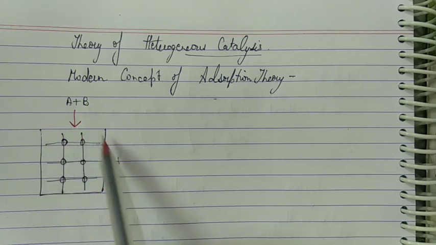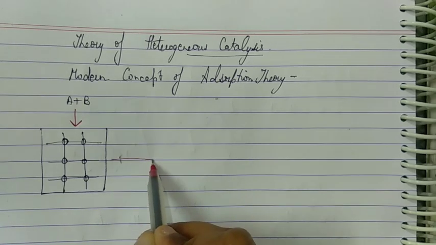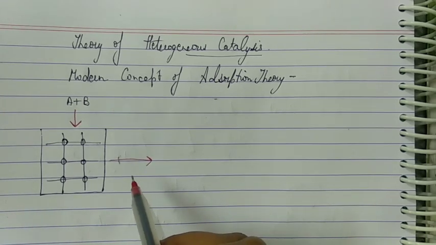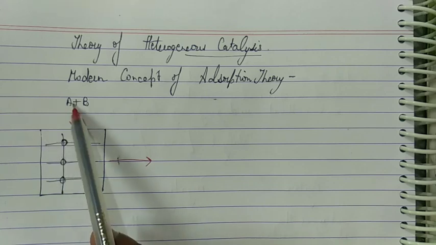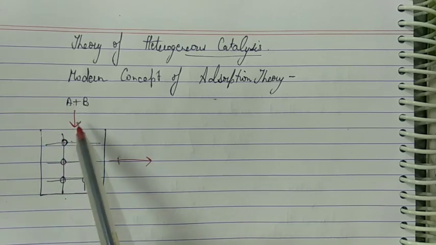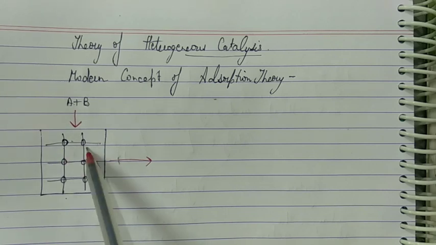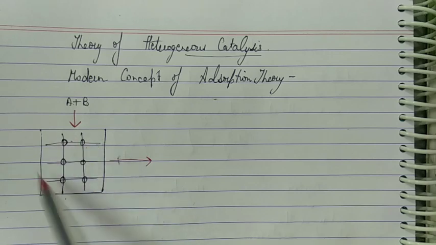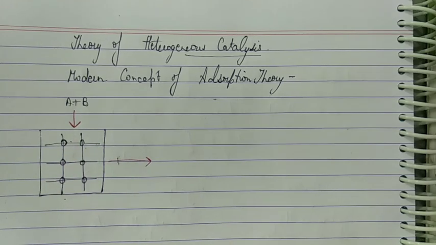When they get diffused on the surface of the catalyst, it will lead to the process of adsorption, adsorption of the reactant molecules on the surface of the catalyst, and they will form loose bonds with these voids or space present on the surface of the catalyst.